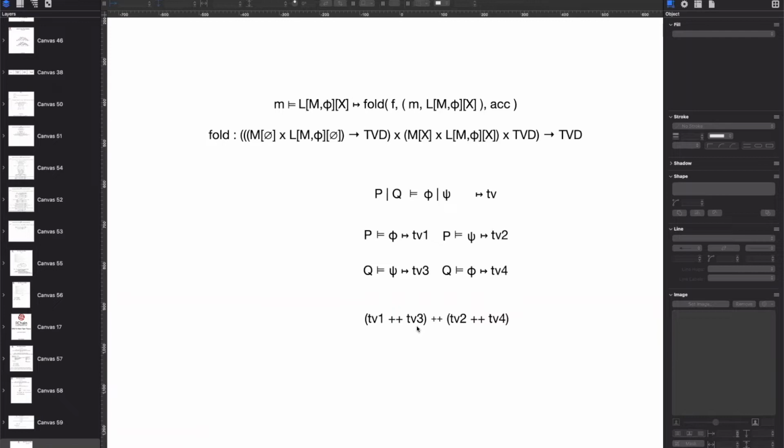Yeah, first I was thinking that we are saying what is the type of P and what is the type of Q. But we also need to say what is the type of P par Q. That's a term, right? Right. And we're not really saying what is the type. We're asking whether the type of P par Q is phi par C. Right? Is P par Q a witness of this property?